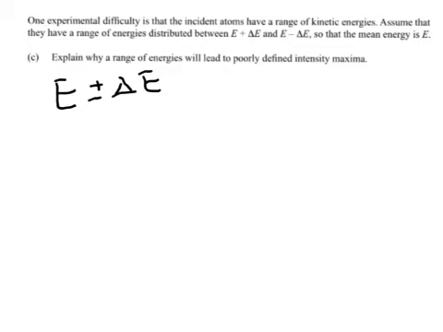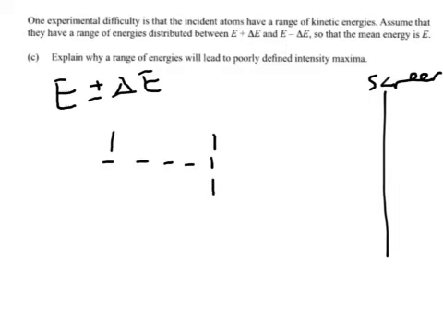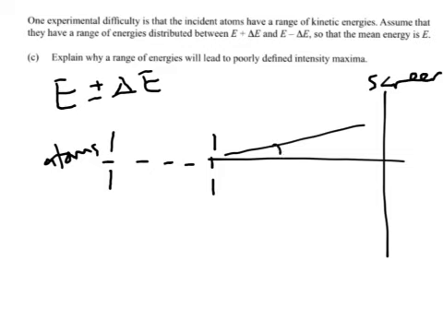So let's just quickly refresh our memory. We've got a screen, we've got a double slit, and we've got an atom beam that's been collimated somehow so it's a single stream of atoms. When it hits the slits, the atoms diffract at various angles, with the spacing d, and they produce intensity maxima.